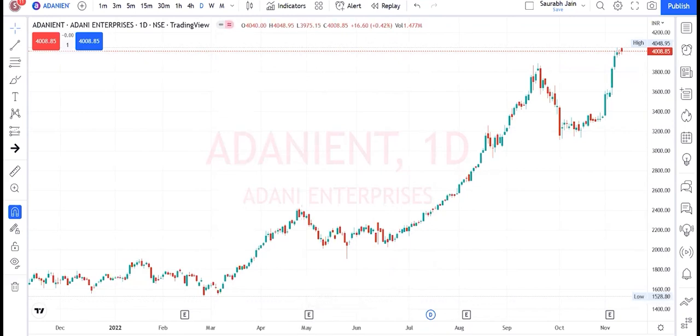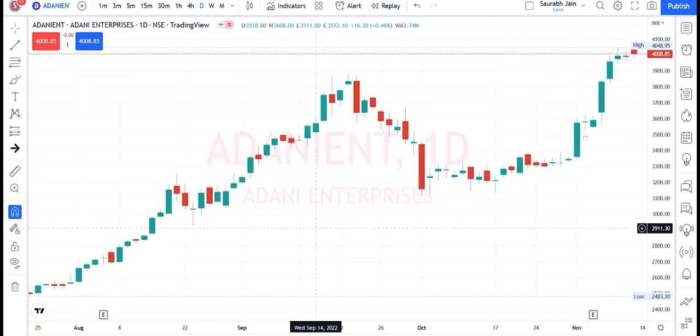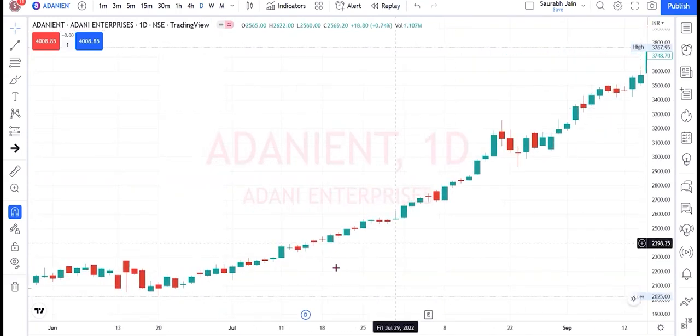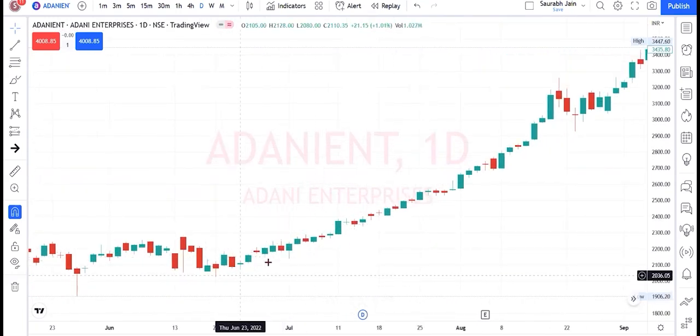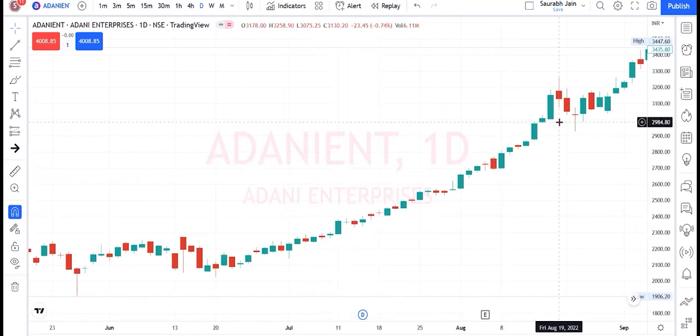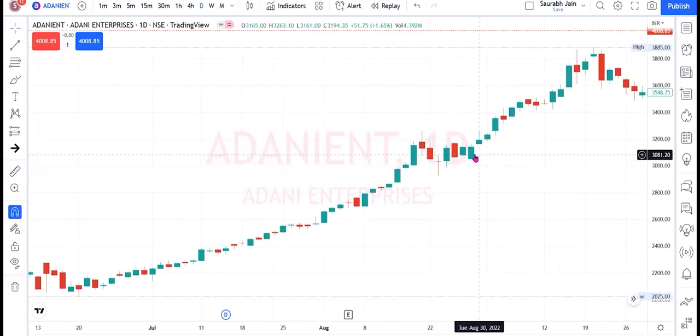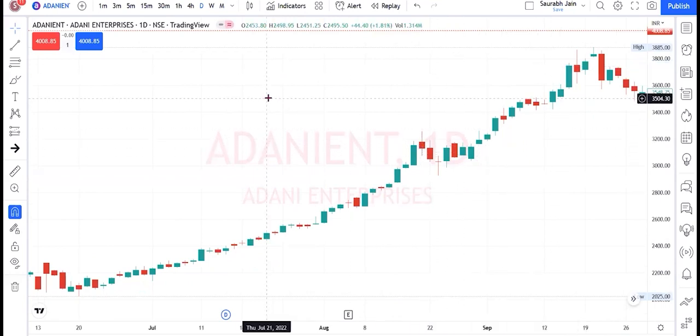Now, this is the 1 year daily chart, which means one candle representing 1 day. Now, what do you see here? Look at this. There's a constant momentum and an increase in momentum. Do you see this? There are obviously some moments of rest, and then there is again an increase in momentum.